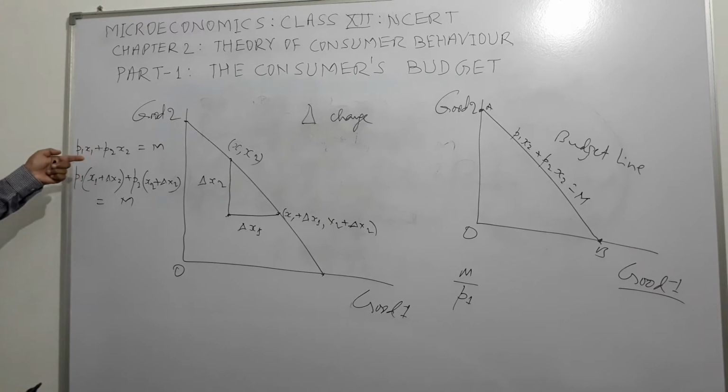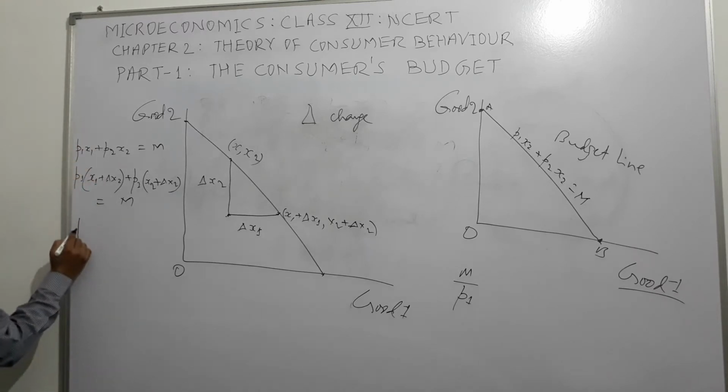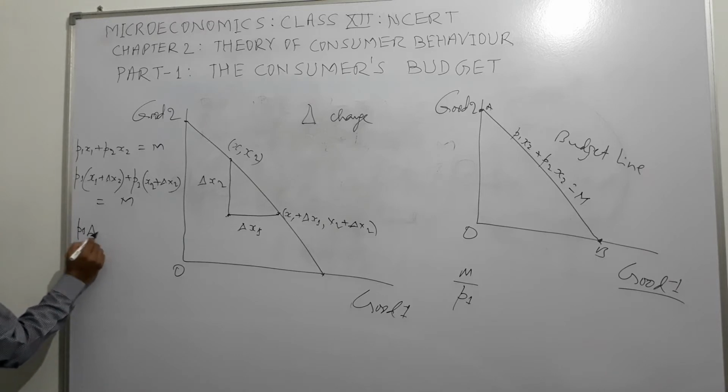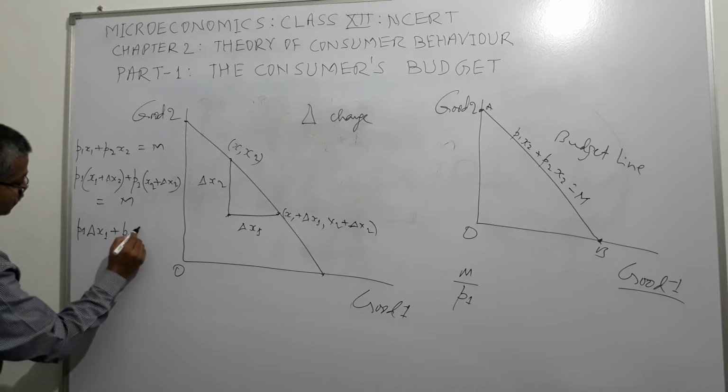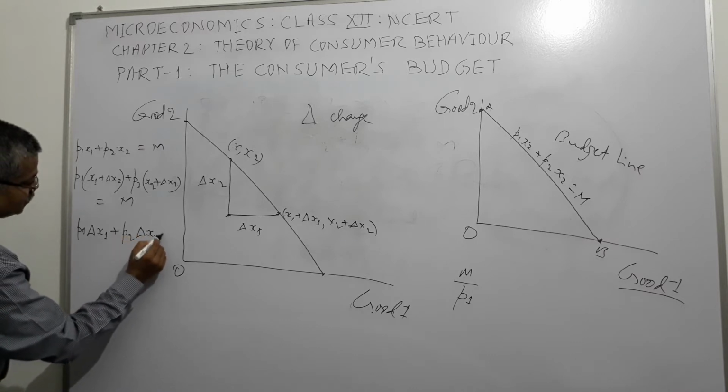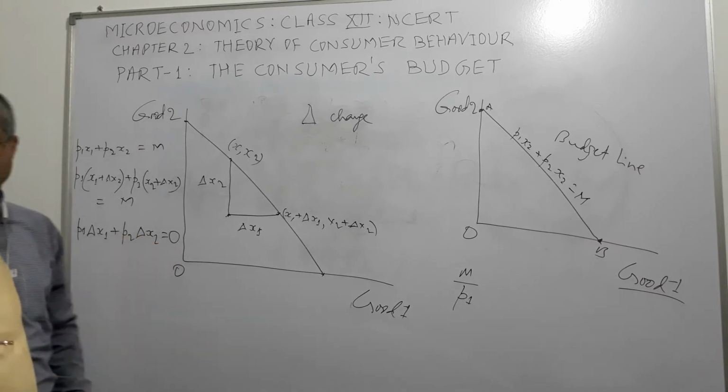So if you subtract this from this, what do we get? P1 delta x1 plus P2 delta x2 is equal to 0. Right? That's clear?